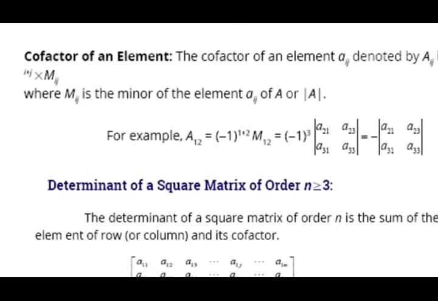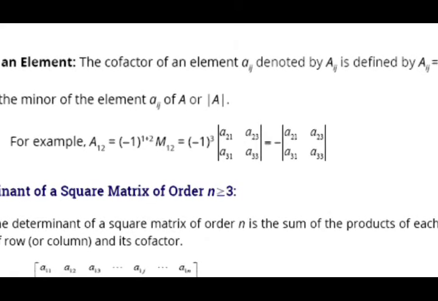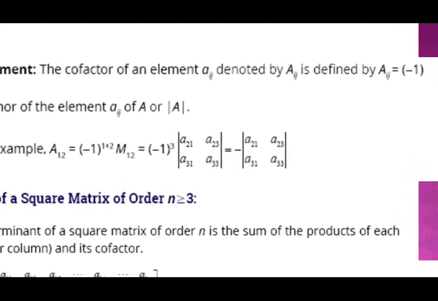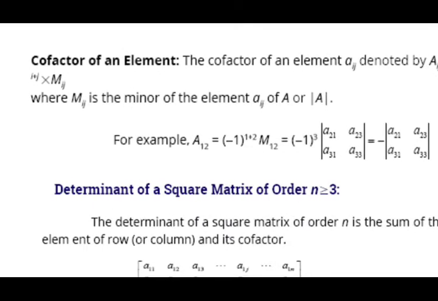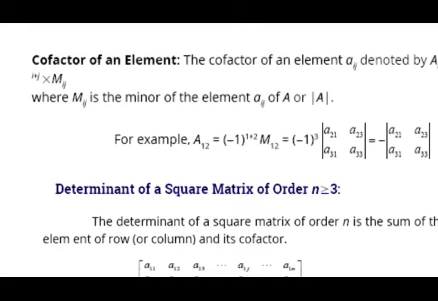Then comes the cofactor. The cofactor of an element denoted by A_ij is defined by minus 1 raised to power i plus j multiplied by the minor. If we multiply the minor with the position sign, it becomes the cofactor.